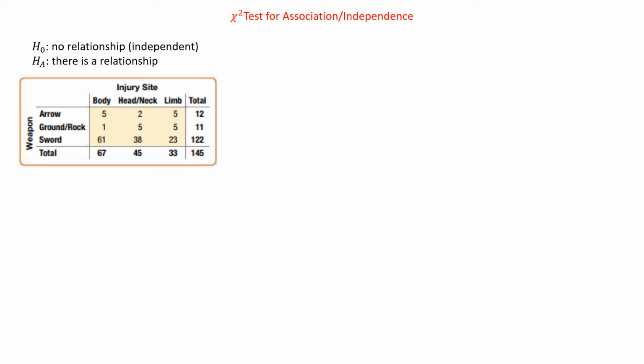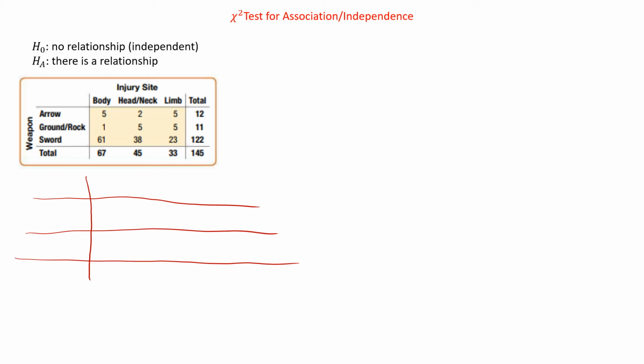So expected values again. We'll have arrow, ground, sword, body, head, limb. And notice once again, just like with the M&Ms, that we use the count, not the proportions.